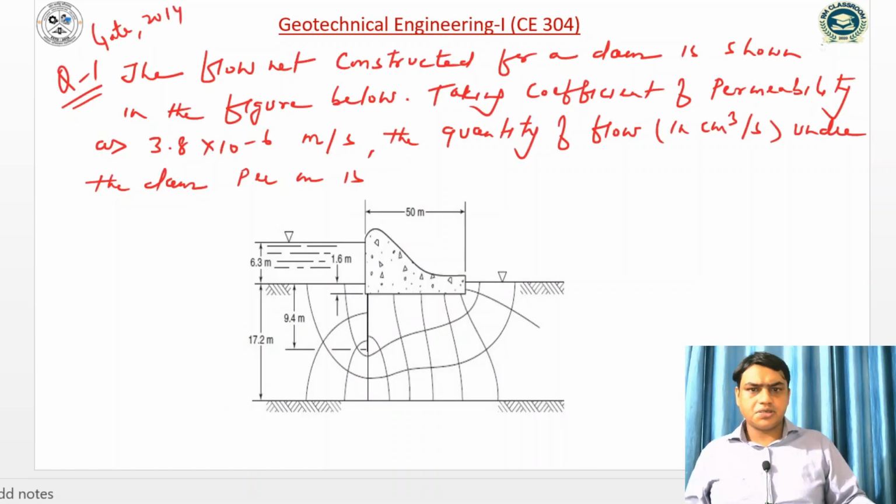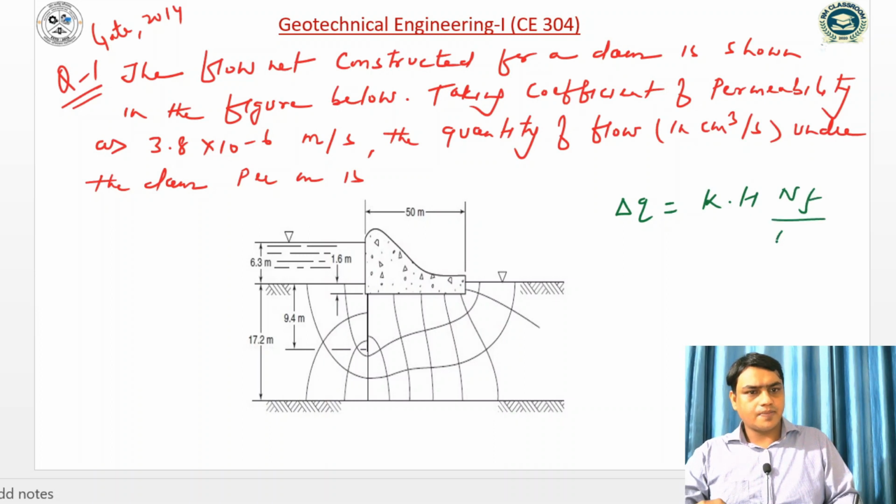So let us discuss the first problem. This problem was asked in GATE 2014. The flow net constructed for a dam is shown in the figure below. Taking the coefficient of permeability as 3.8 into 10 power minus 6 meter per second, the quantity of flow in centimeter cube per second under the dam per meter is. We have the seepage discharge delta Q is equal to K into H into NF by ND.